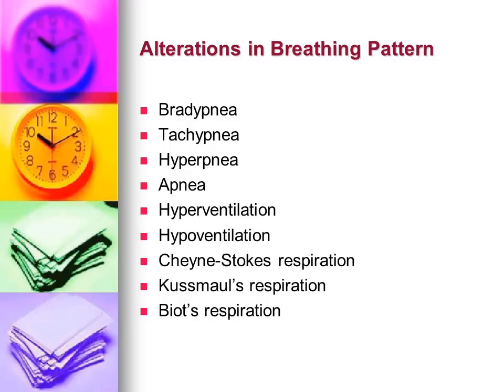Tachypnea is a rate of breathing that is regular but abnormally rapid, greater than 20 breaths a minute. I said the normal rate for the adult is 12 to 20. So if it's abnormally low, it would be less than 12. If it's abnormally rapid, it would be greater than 20 on our adult patient.